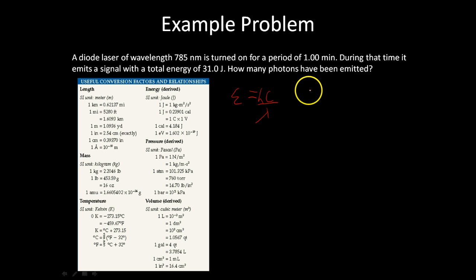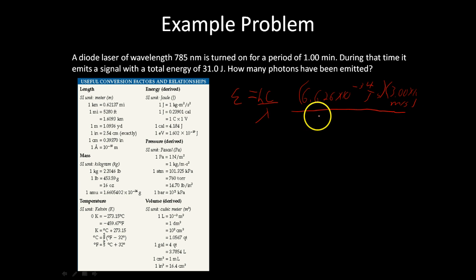So again, plugging in Planck's constant, 6.626 times 10 to the negative 34 joule seconds, times the speed of light, 3.00 times 10 to the 8th meters per second. It's not letting me write all the way over here, and it's erasing it, but it's 10 to the 8th meters per second.